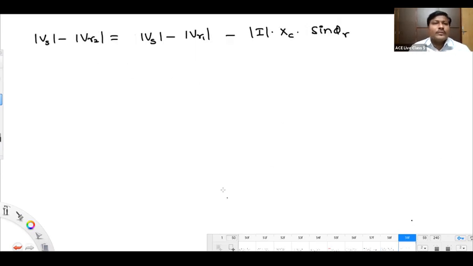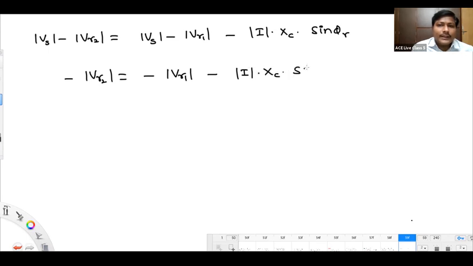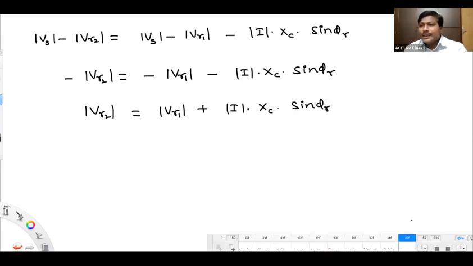Now |Vs| will cancel out on both sides, so you get |Vr2| equals |Vr1| plus |I| Xc sin phi r. From this, |Vr2| is greater than |Vr1|.